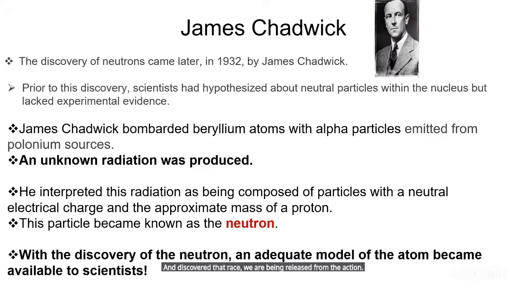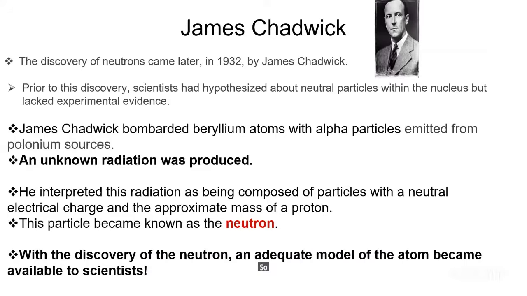The rays that were being released from the atom, he was not sure of what is coming out, but he was sure that whatever is kicked out from this atom does not have charge. And so to prove this, he put a paraffin, which is a wax, just like a candle, in front of the rays. He just wanted to know what is coming out of this ray.